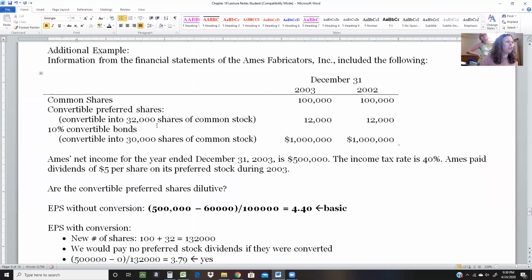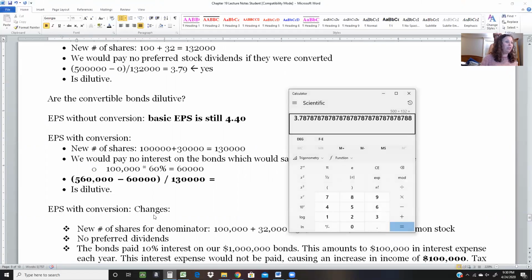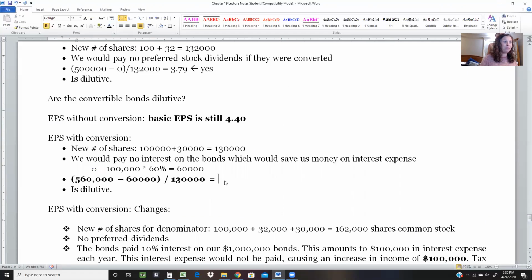So my preferred dividends are still $5 a share times 12, 60,000. And then I'm going to divide by 130,000. I'm guessing it's dilutive because it says is dilutive. 3.85. So again, it went down, which means dilutive. Okay.